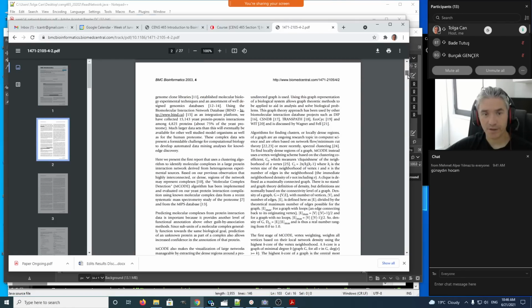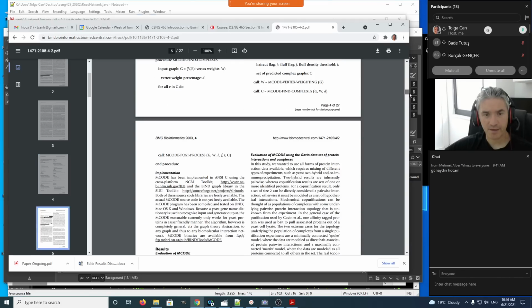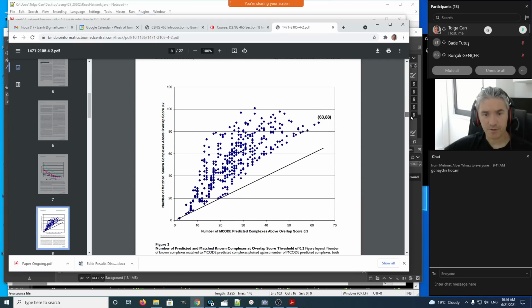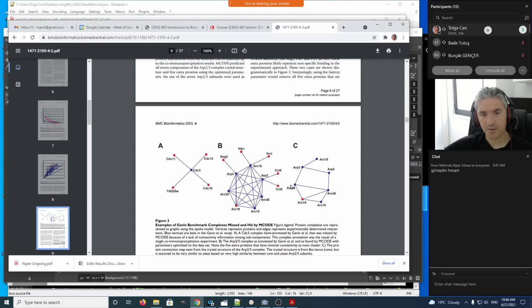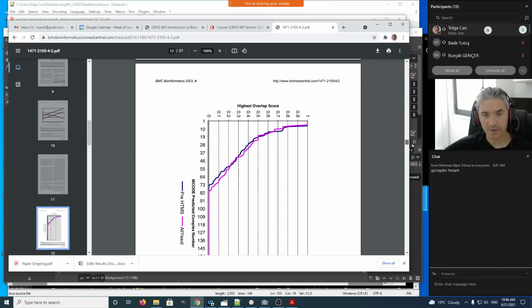Okay, so if you take a look at the figures, these are the algorithms that are here. I'm going to go into detail of these things. For example, if you look at this, this is a molecular complex, in which many of the nodes are forming a dense subgraph within themselves. So we have to include these genes in our molecular complex. They may form a molecular complex. So there are different analyses here.